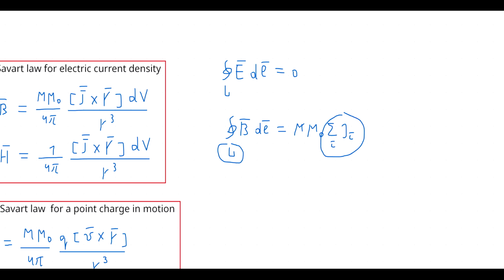What about electric currents that don't pass through this closed line? For these currents, there will be 0.